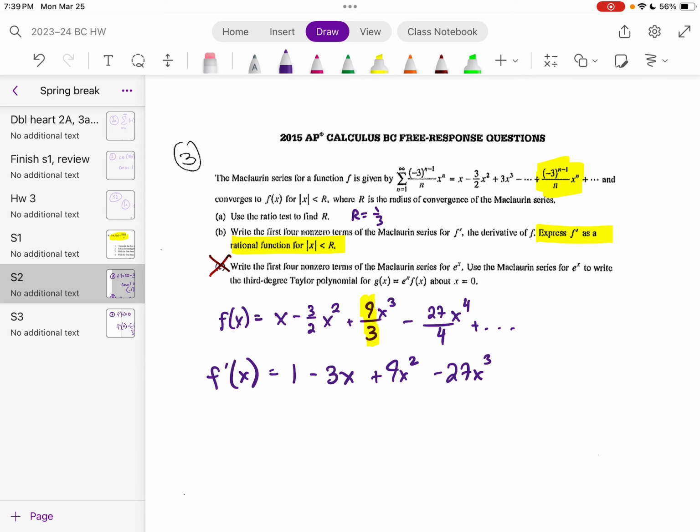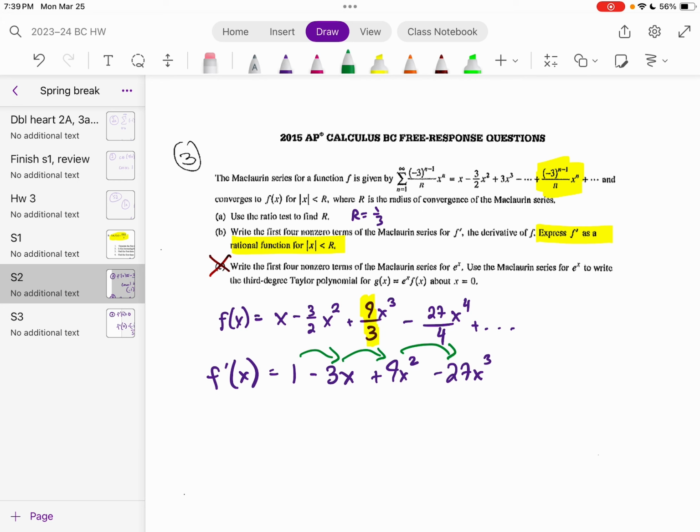So let's look at these 4 terms and pause me and see if you can come up with an expression for these terms here. Okay, let's see if any of you gave it. I gave a big hint here when I said geometric, right?